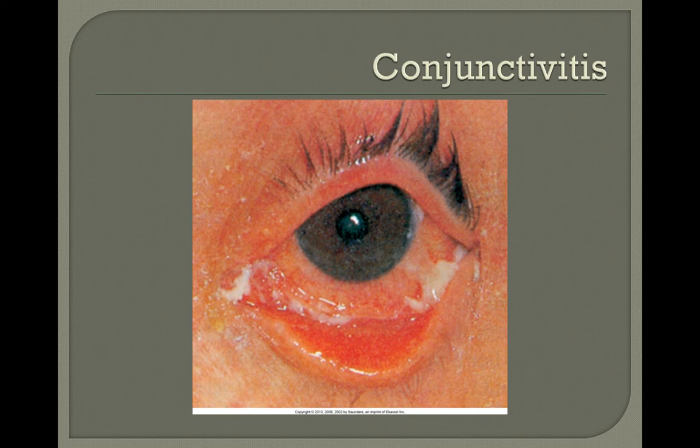If this is an older person that has conjunctivitis, close contacts are at risk for developing it, so they may not want to share bed linens or the same pillows.